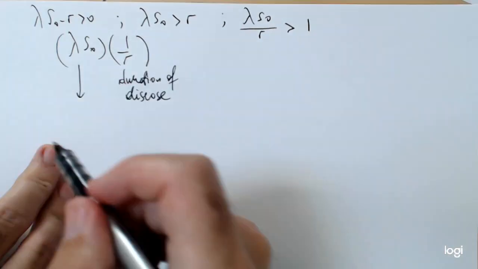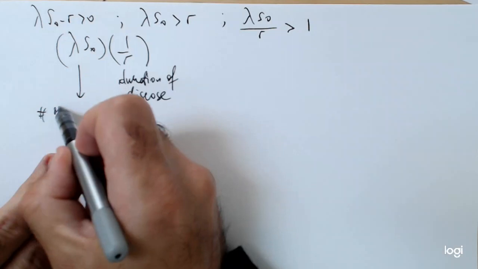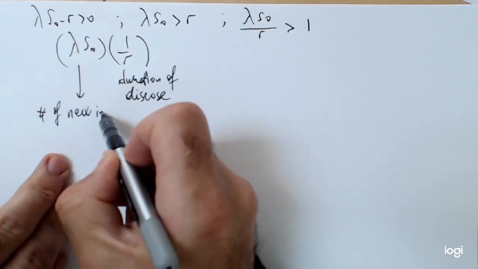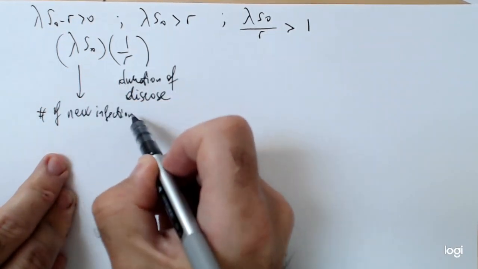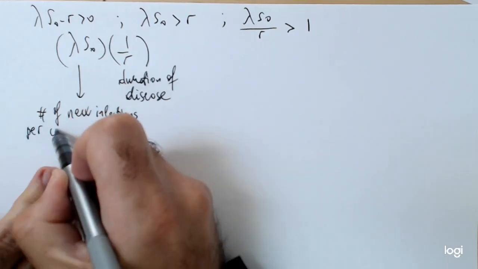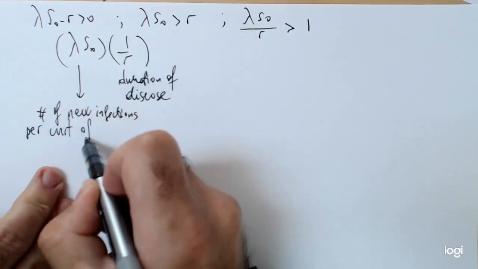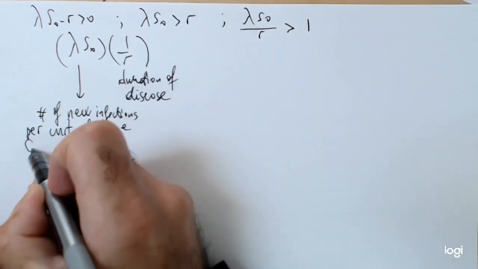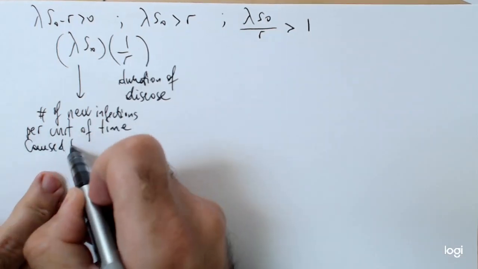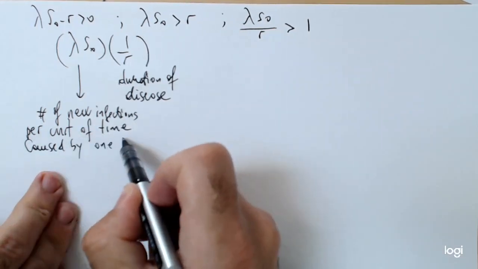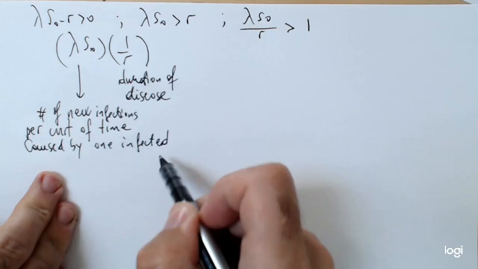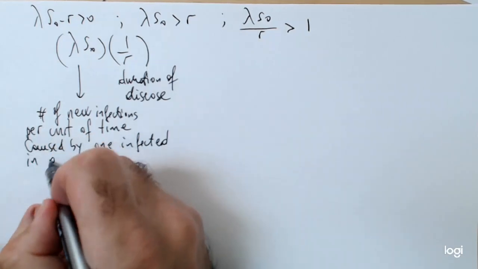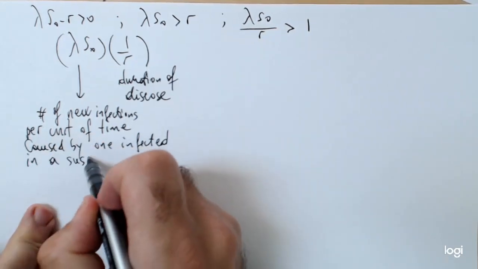And lambda S naught is the number of new infections per unit of time caused by one infected in a susceptible population.